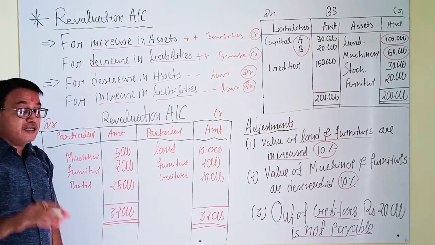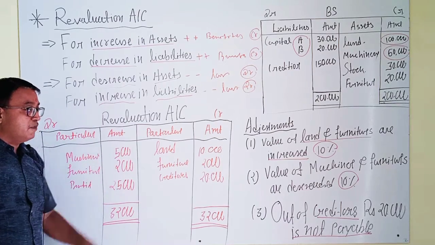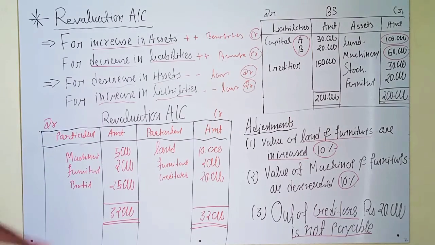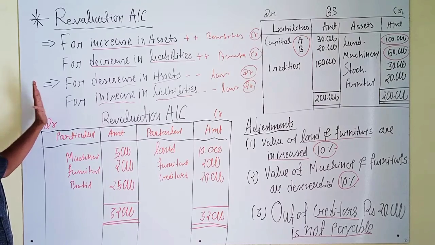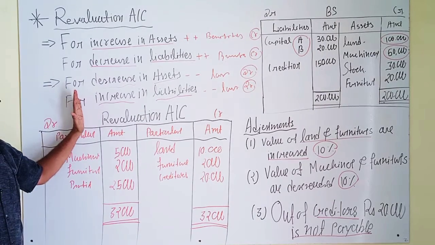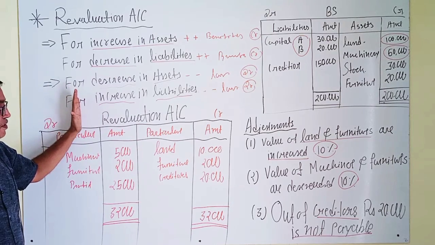But if it is not given, then it will be distributed between the partners equally. Okay. So I have tried my best to explain the revaluation account, and it is the first part. It is the main part of the new chapter, admission of a partner.